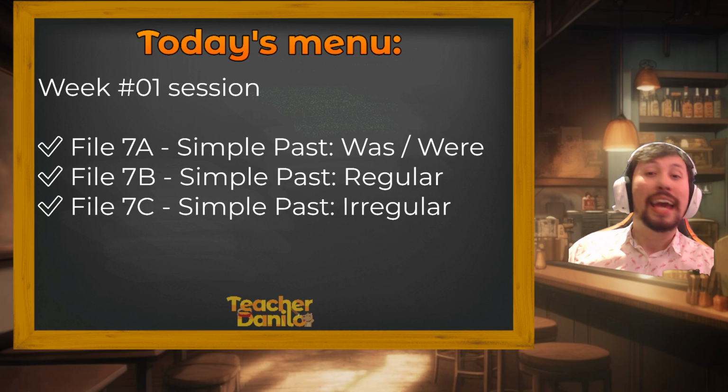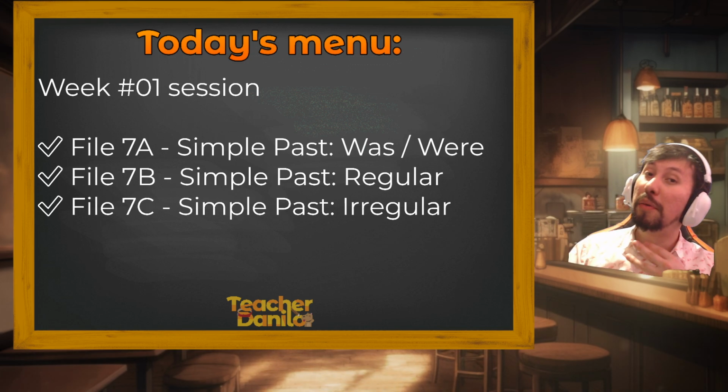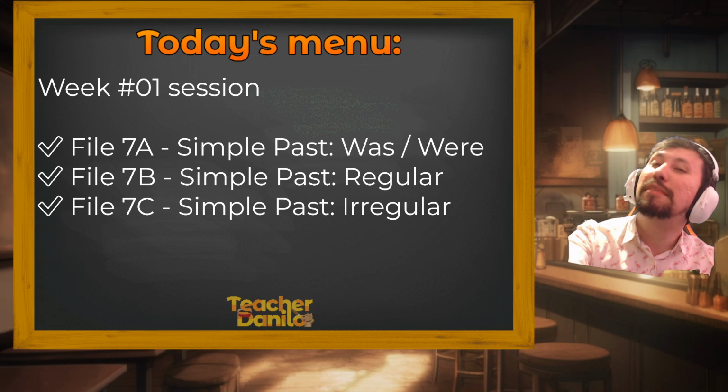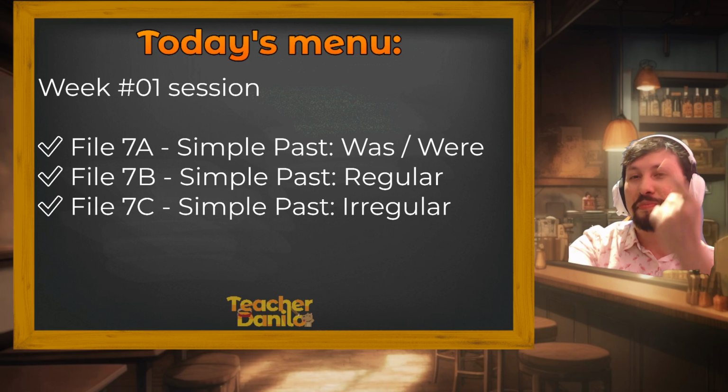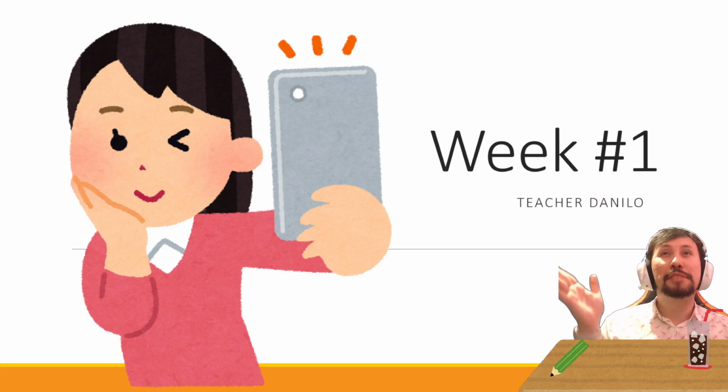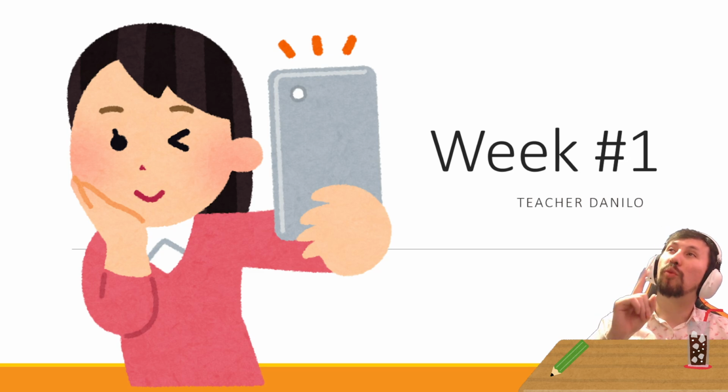Yes? And for these 3 I have a PowerPoint that I made for you. Let's have a look at my PowerPoint presentation. Alright, here we are. This is my PowerPoint presentation for week 1.